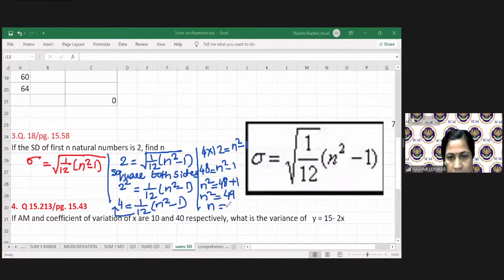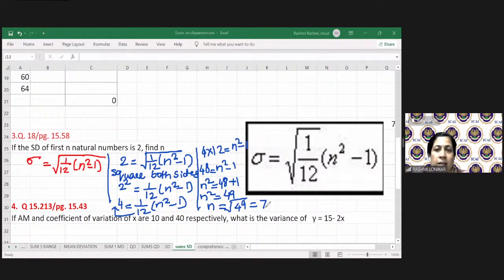So n will be equal to square root of 49, which is equal to, what is the square root of 49? Can anybody tell me? Yes. Yeah, very good. Everybody got the answer. That is 7. So n is 7.